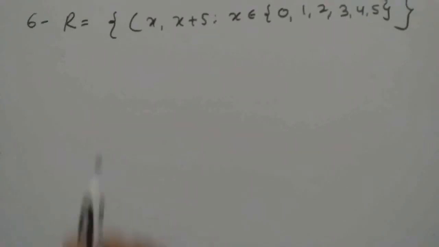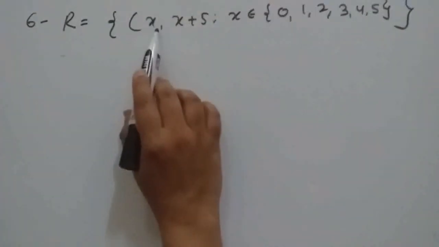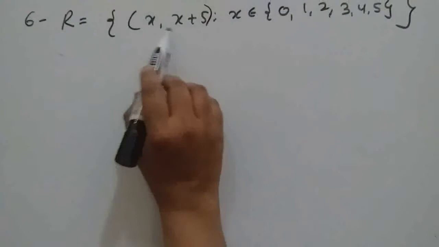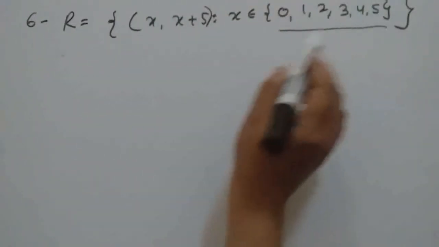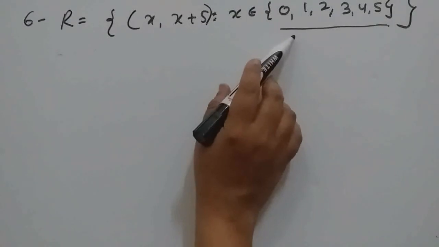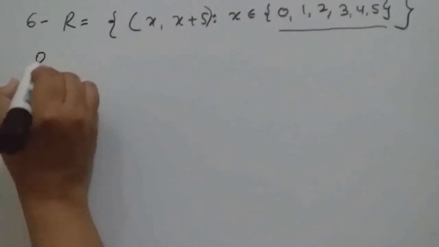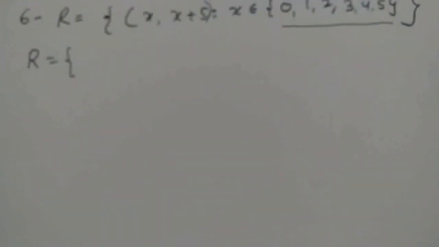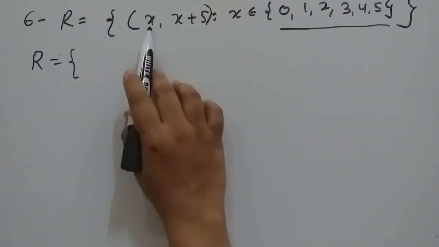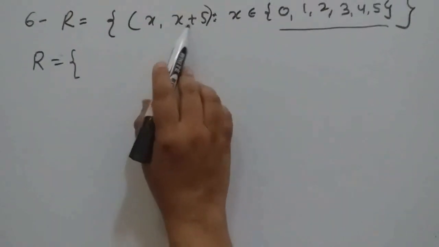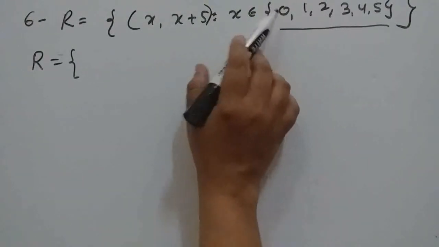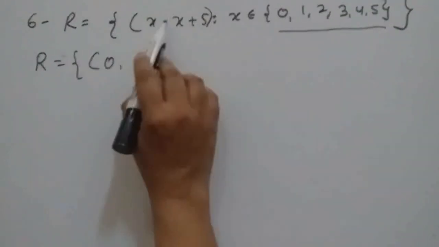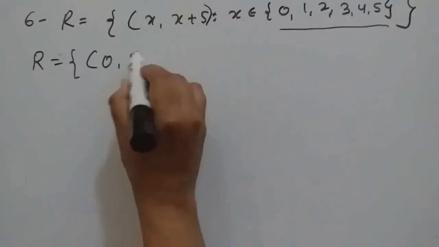Question number 6, our relation is given such that (x, x plus 5) and x belongs to this set. So we should write domain and range. Before that we will list out all the elements in R. First element is the value of x, second element is x plus 5. So we start substituting x value 0. So 0 plus 5 is 5, isn't it?